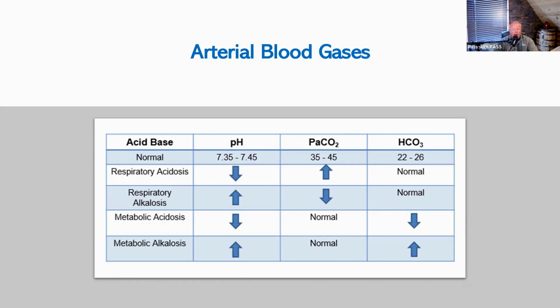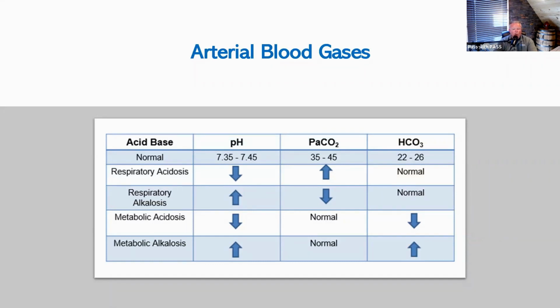All right, so here's what we do from that point forward. If I find that my pH is less than 7.35, then I know that I have an acidosis. I then look at my CO2, that PaCO2. And what I am looking for with that PaCO2 is my respiratory component.